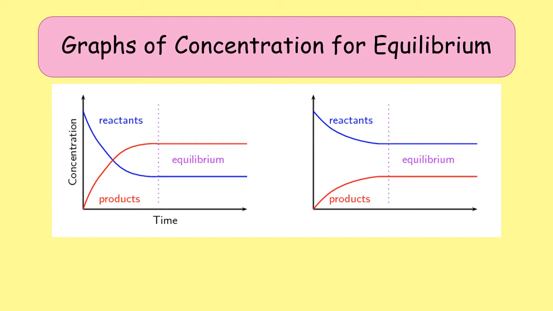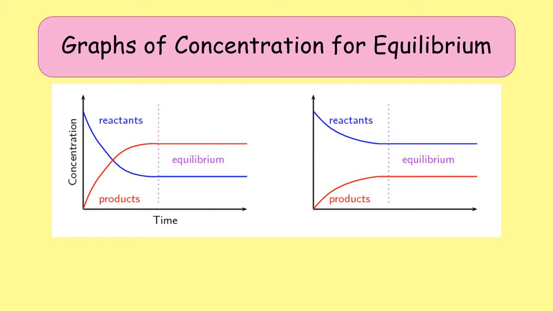You can see that for each of these reaction systems, the concentration of reactants starts very high and it drops, and eventually it reaches a level where it is constant. For the products, they always start off with a concentration of 0 because you haven't made any yet. And as time goes on, the concentration increases and it eventually levels off.